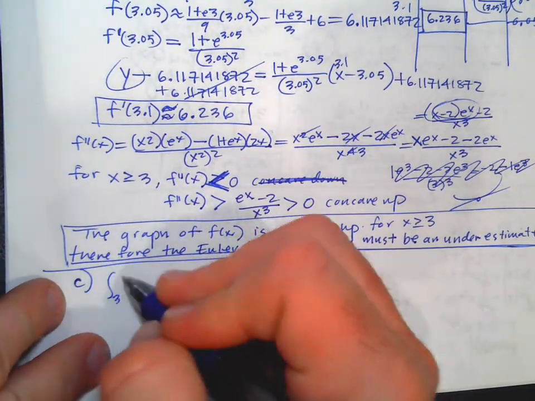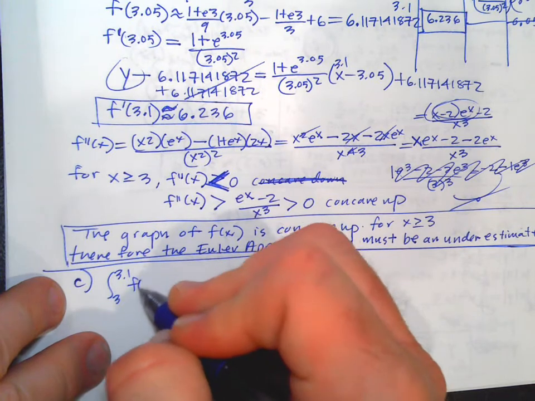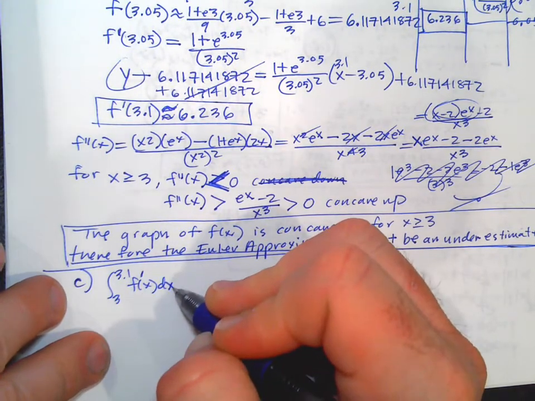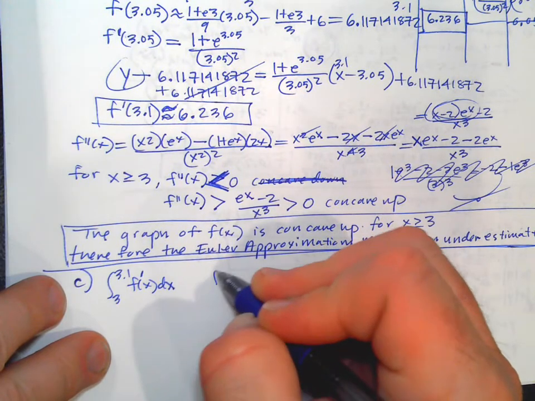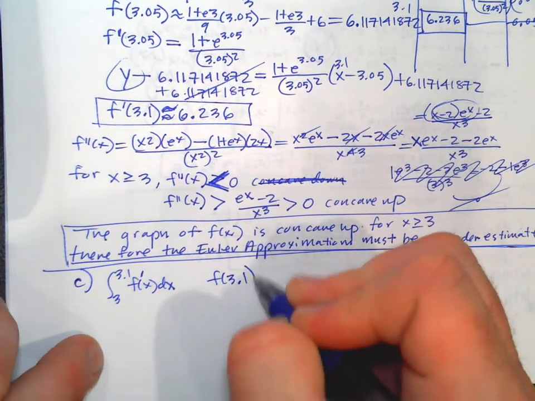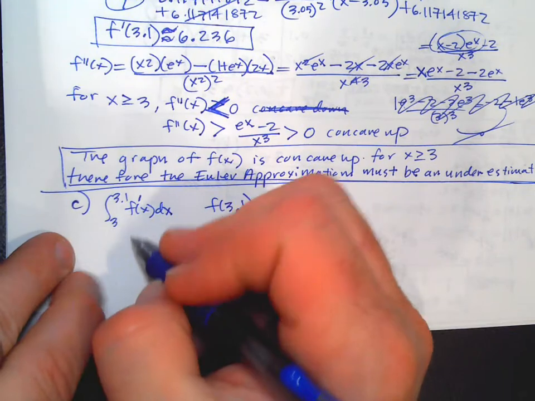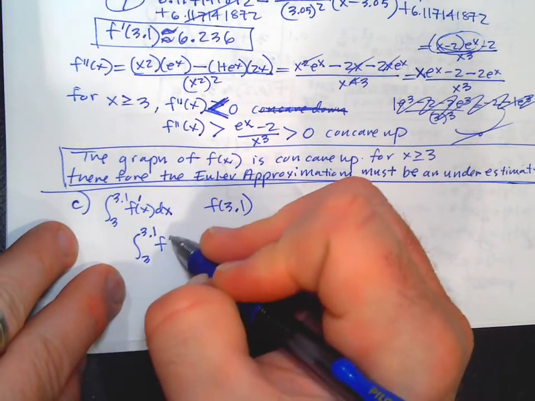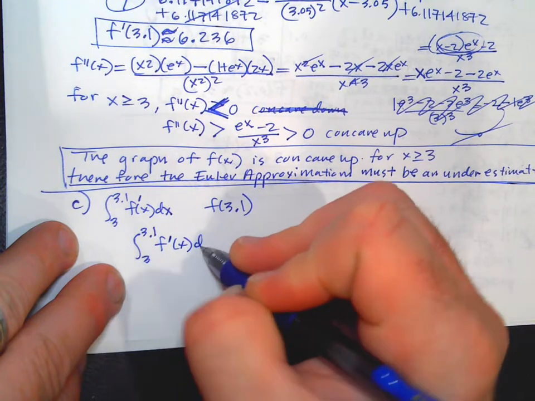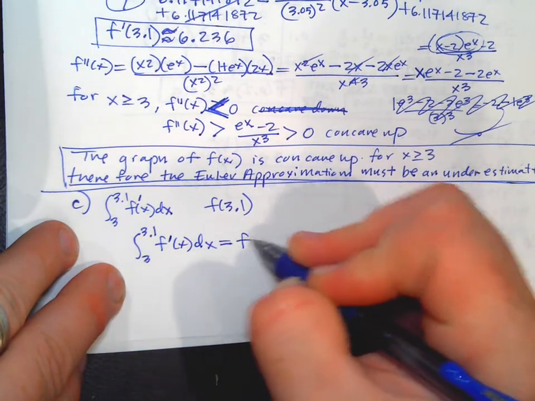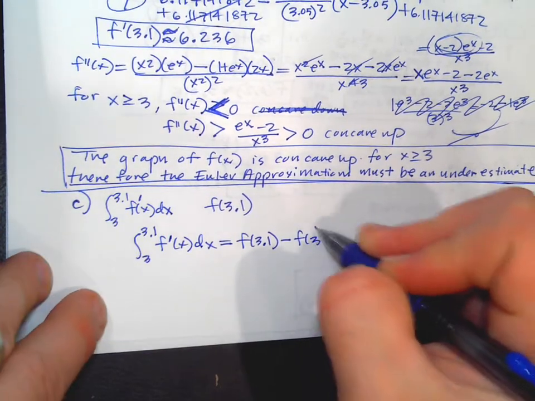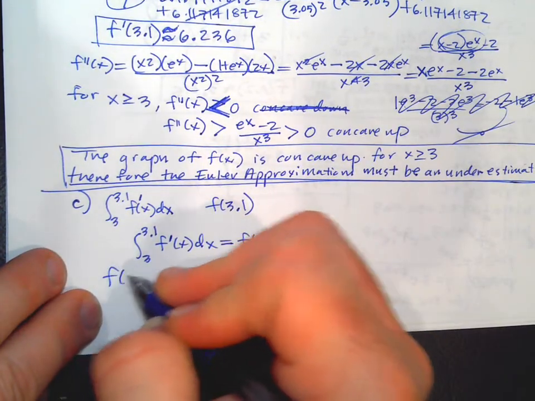Part C says the integral from 3 to 3.1 of f prime of x. Use this to find f of 3.1. So this is just good old-fashioned fundamental theorem of calculus part 1. If you integrate a derivative, you get the original function, plug the limits in, right? And so we want to find f of 3.1.